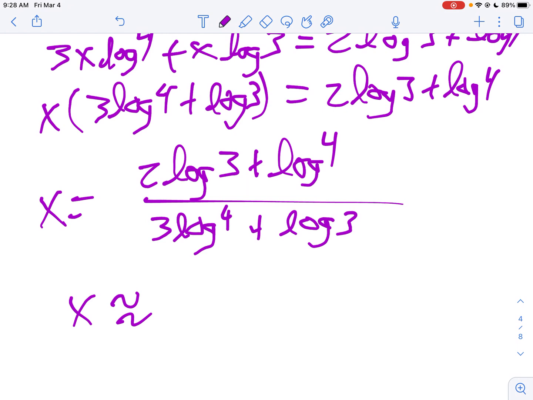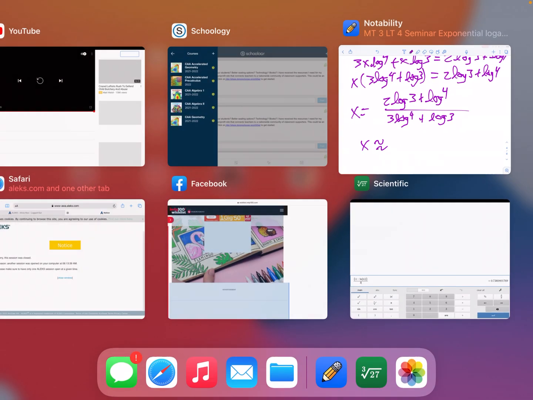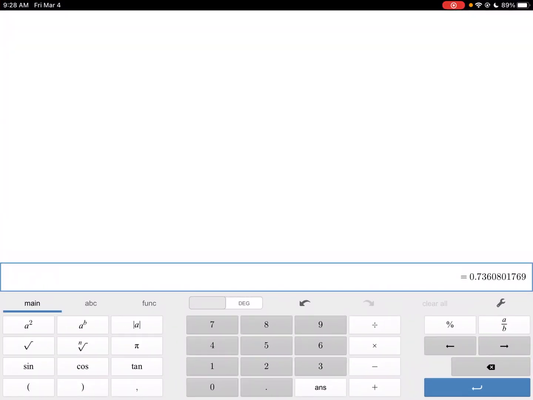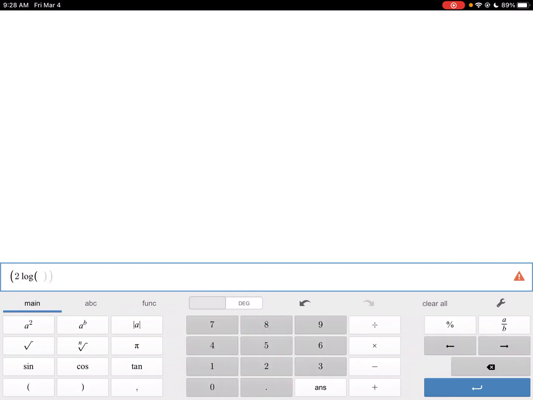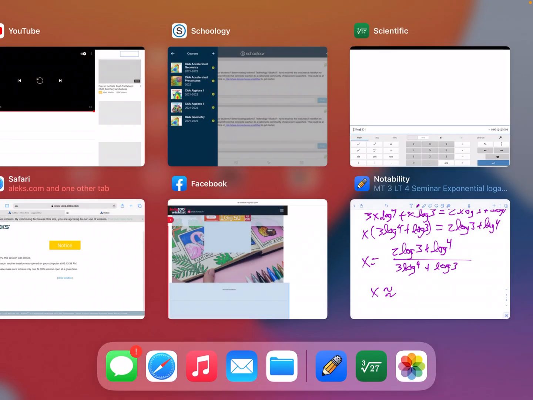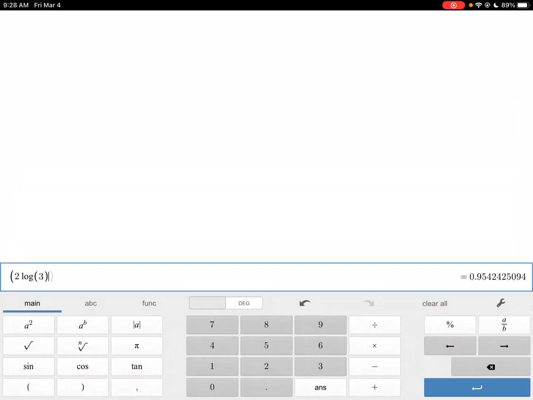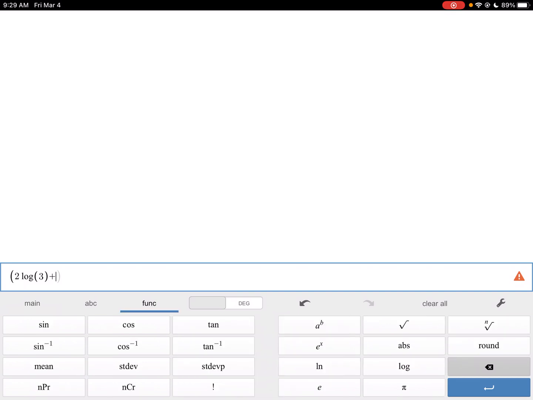So we go 2 log 3 plus log 4. So I'll go in parentheses 2 times the log of 3, close that parenthesis, plus the log of 4.